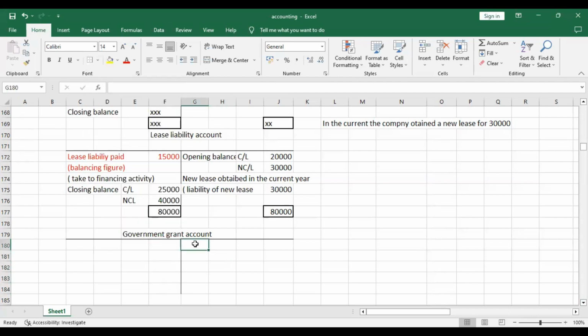So opening balance on the credit side. Are you clear? Opening balance on the credit side, then closing balance on the debit side.